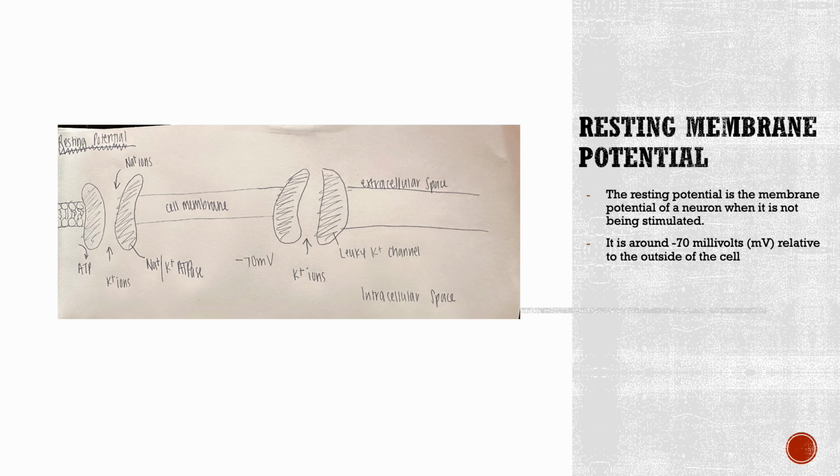It also leaks potassium channels, allowing the potassium ions to move out of the cell, contributing to the negative charge inside. So you can see here and then also here.